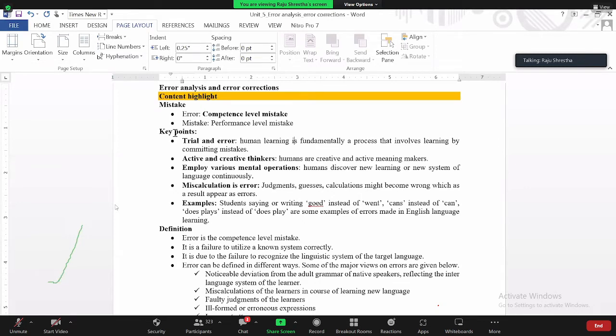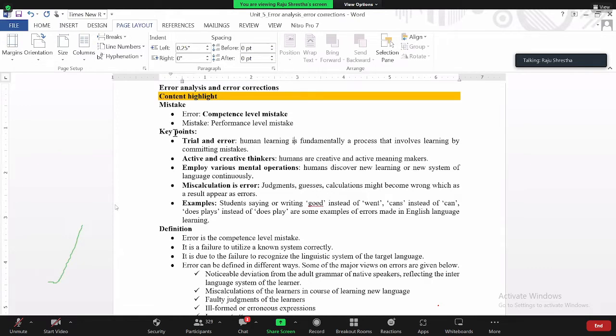Our mind actively works to use new target language structures or patterns. Because of this, we human learners are creative and critical, active meaning makers. When we think creatively and actively in the process of language learning, we can make mistakes.